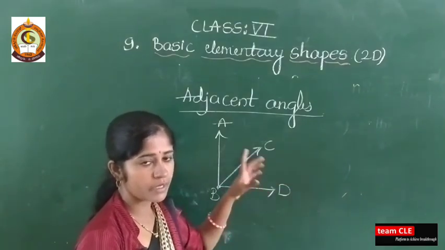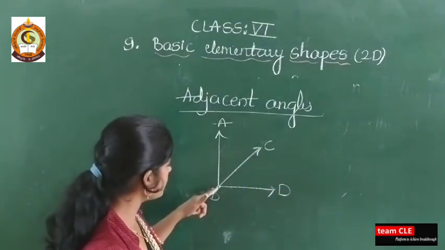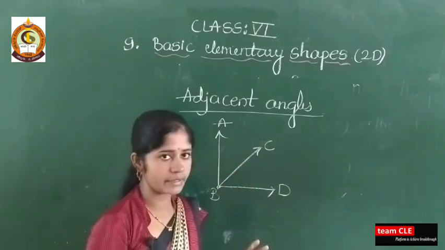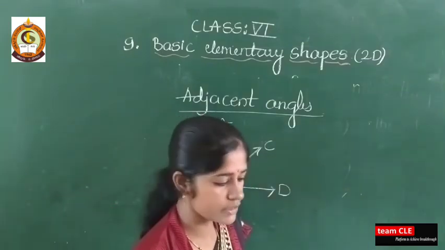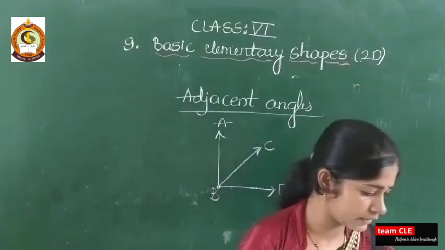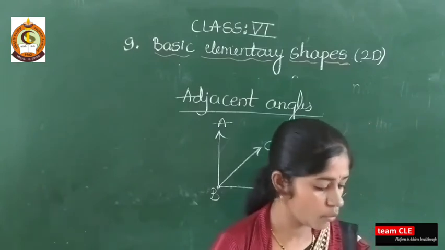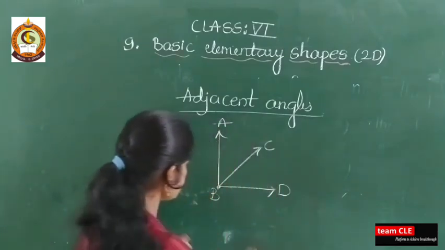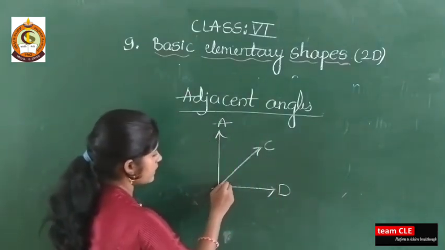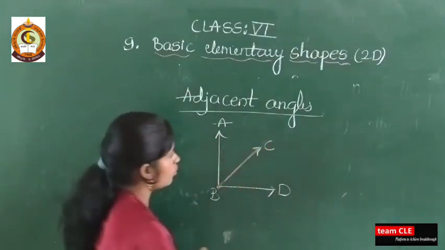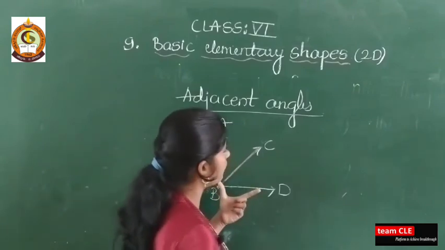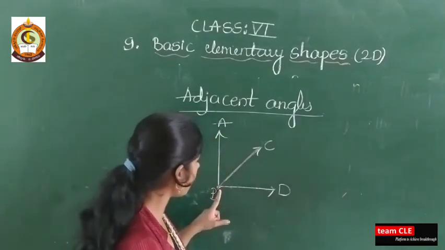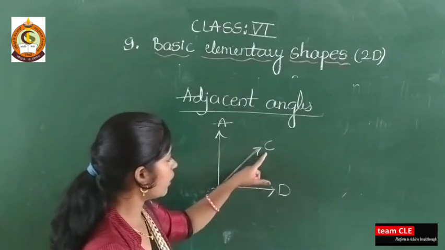If angles have a common vertex and common ray, then those angles are said to be adjacent angles. Two angles are adjacent when they have a common side and common vertex.